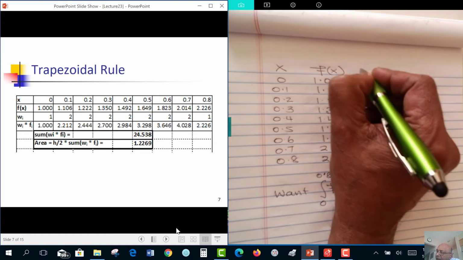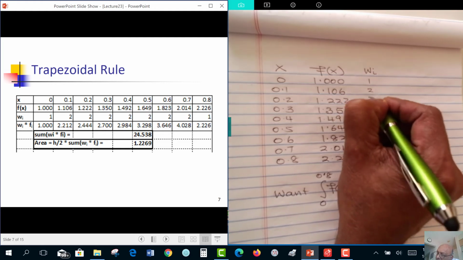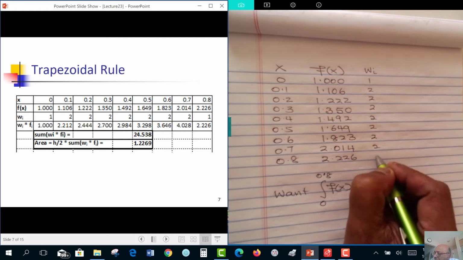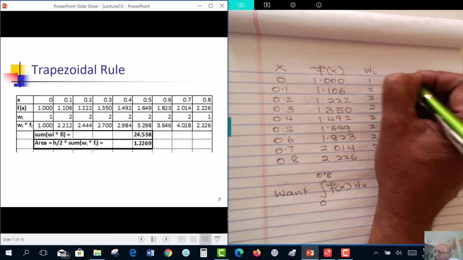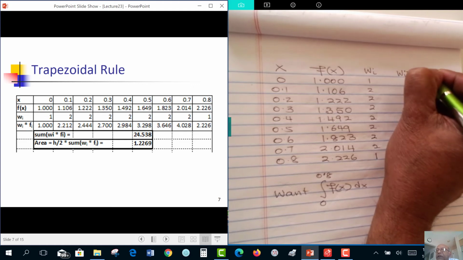So we just saw in trapezoidal rule, we use weights 1, 2, 2, 2, and then 1. So what we do is we do a weighted function sum.